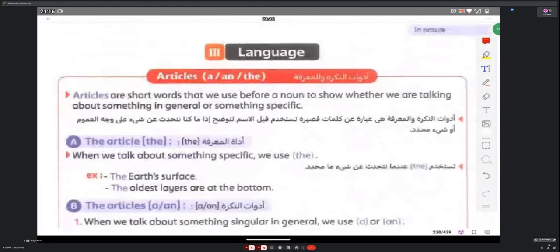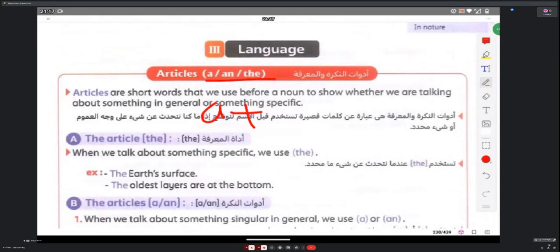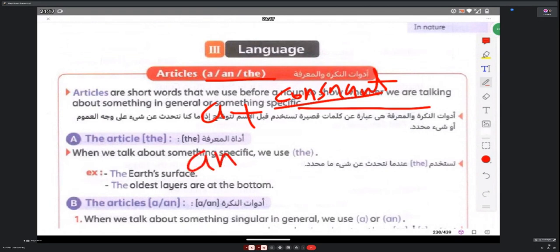A and the, definite and indefinite articles. We use a before a noun that begins with a consonant sound letter. We use an before a noun that begins with a, e, i, o, u, vowel letters.